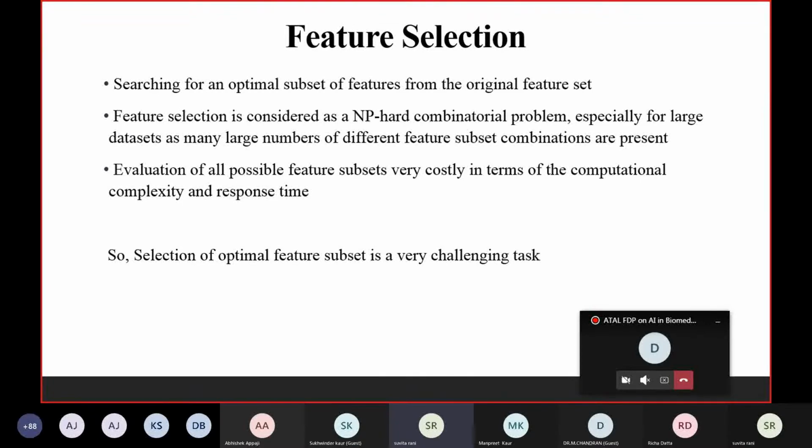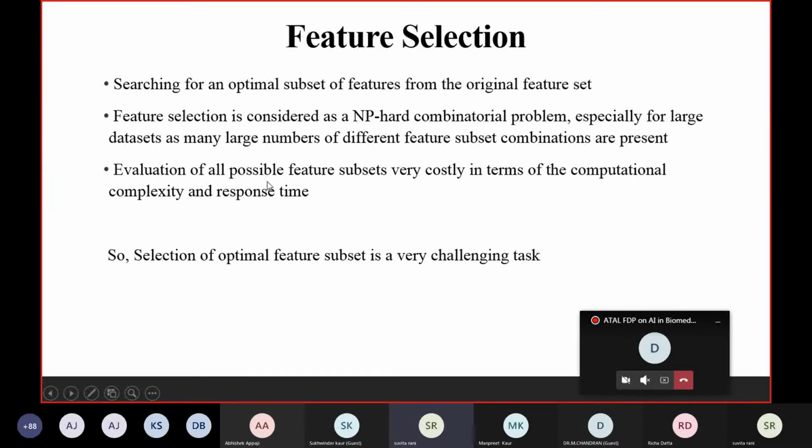the classification accuracy. The other problem is that feature selection is considered an NP-hard combinatorial problem, because if we have n number of features, then we have multiple combinations of features to select which features are relevant and more informative among all the features.